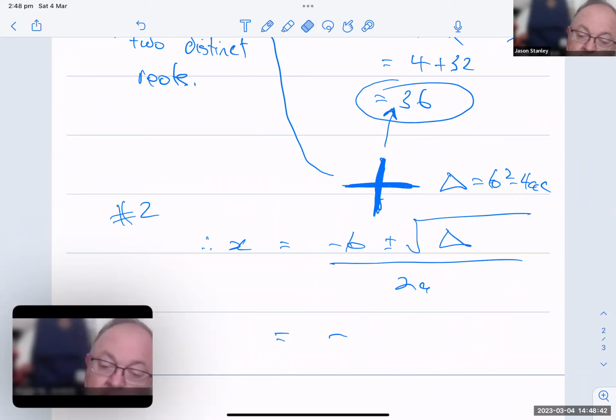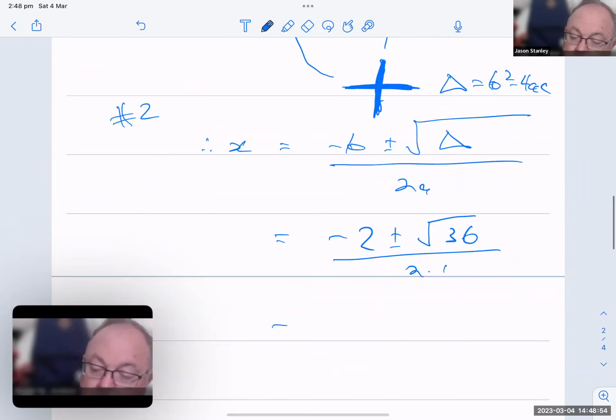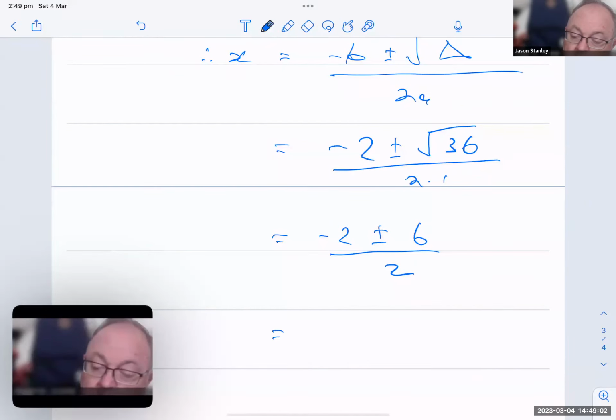So the best way to do this is just to do some examples. So if you guys are cool with it, so this is the adding fractions part now. Split the fraction.